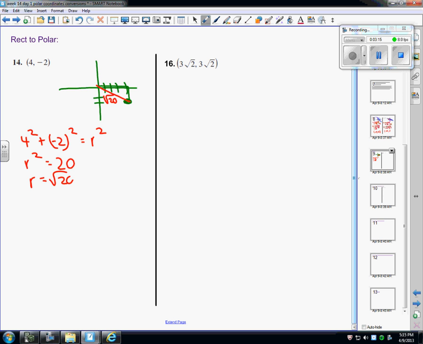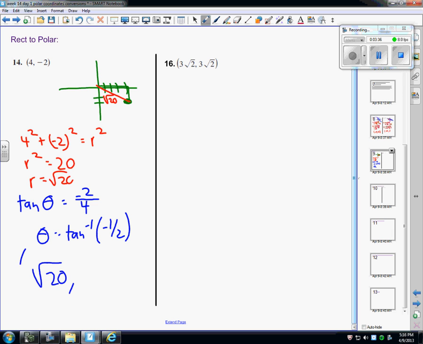Okay. And then my angle is given by tangent of the angle is y over x. So my angle is inverse tangent of -1/2. So you can say it's square root of 20, comma, whatever inverse tangent of -1/2 is. Okay.